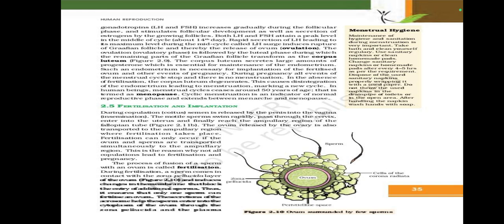Menstrual hygiene: maintenance of hygiene and sanitation during menstruation is very important. Take a bath and clean yourself regularly. Use sanitary napkins or clean homemade pads. Change sanitary napkins and homemade pads after every 4 to 5 hours as per the requirement.